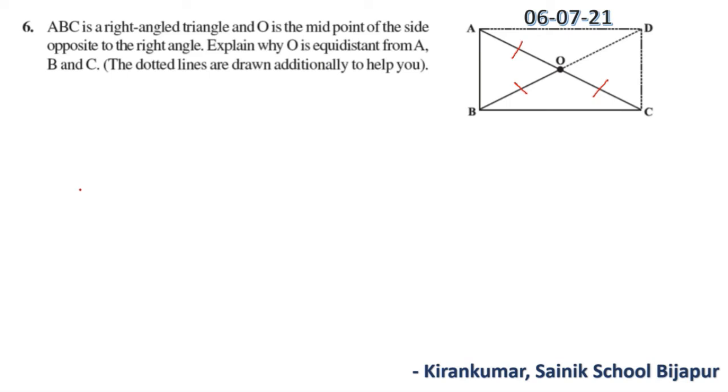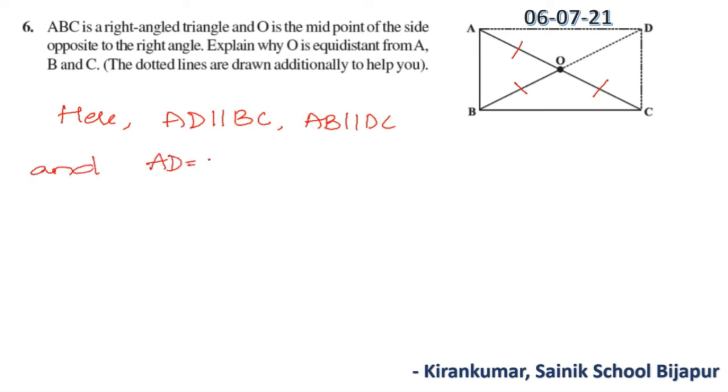And in a rectangle, diagonals are of equal length and also bisect each other, so the parts are equal. So what I mean to say is, we need to show that ABCD is a rectangle. Here, AD is drawn parallel to BC, AB is drawn parallel to DC, and the side AD is equal to BC, the side AB is equal to DC.